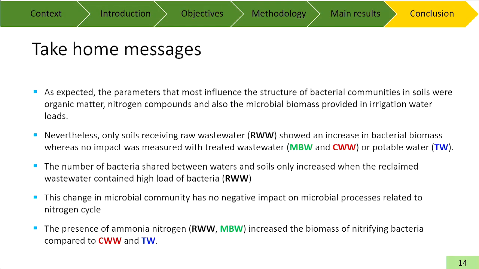But this global change in the microbial community has no negative impact on microbial processes related to the nitrogen cycle, because the presence of ammonia can explain our increase in nitrifying bacteria in soil irrigated by raw wastewater and membrane bioreactor treated wastewater in comparison with other water qualities.